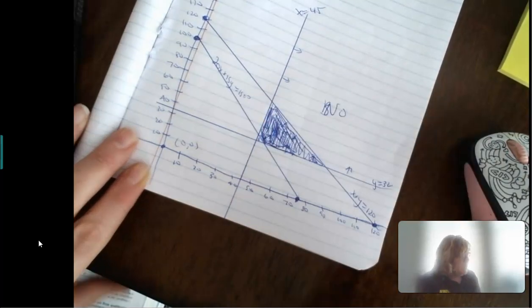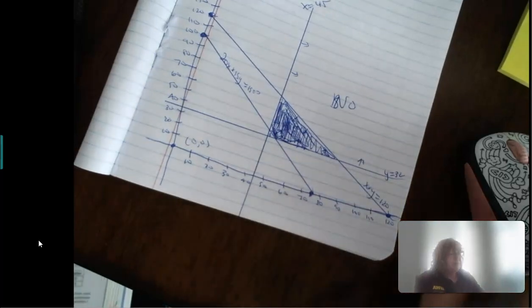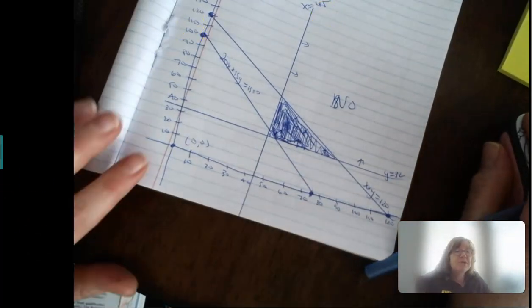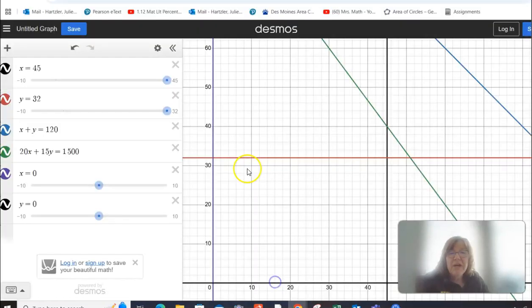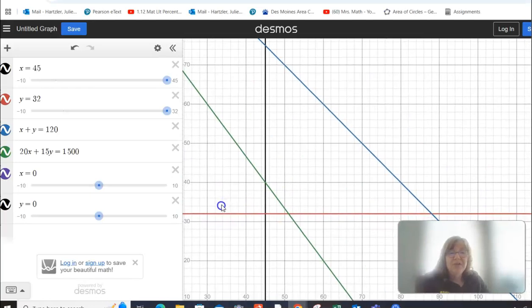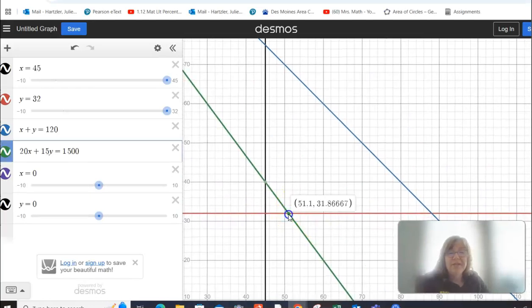All right, if you want to use Desmos to help you, let me pull up Desmos quick so you can see where I'm at. I graphed these all as lines. If you don't know where a corner point is, because your graph isn't ideal enough, this is 5132, so I'm going to label that one 5132.